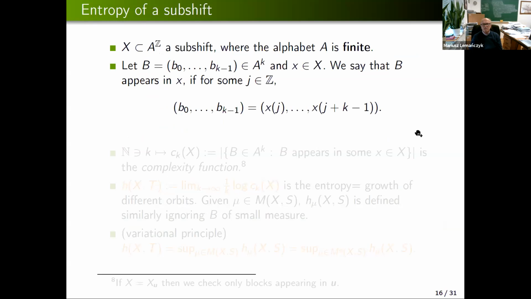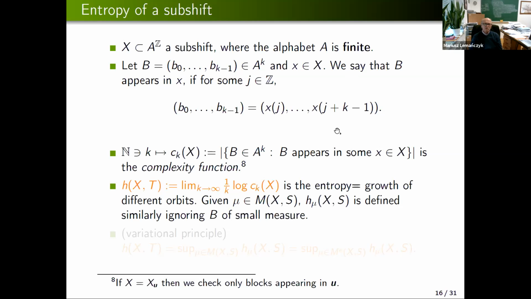Okay, I should say what the entropy is. Maybe in the simplest situation where we have a subshift. So we assume additionally that this alphabet is finite. We have a point X in our subshift, a two-sided sequence, and suppose that we take a block, which means a finite sequence of symbols over our alphabet.